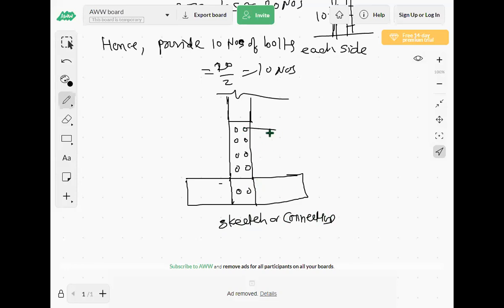So you have to show here, 20 diameter, total 10 numbers of bolts.